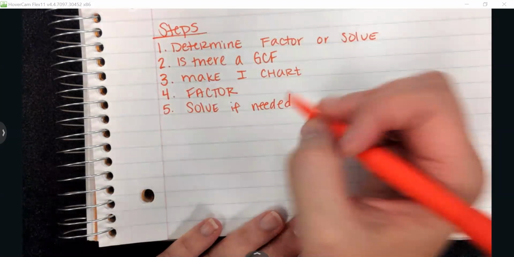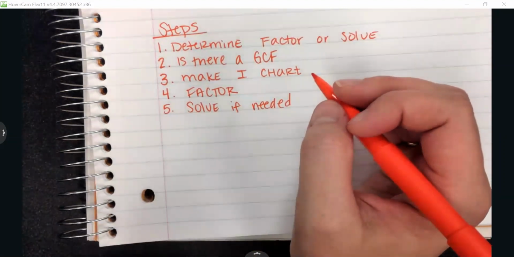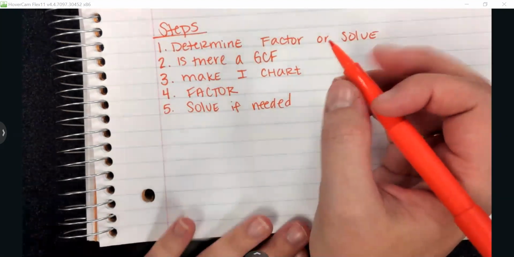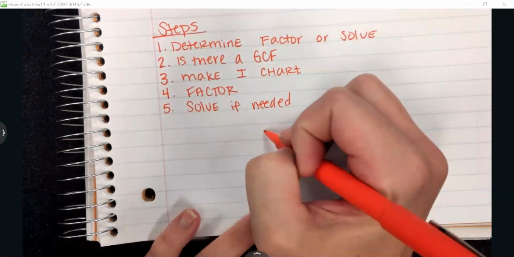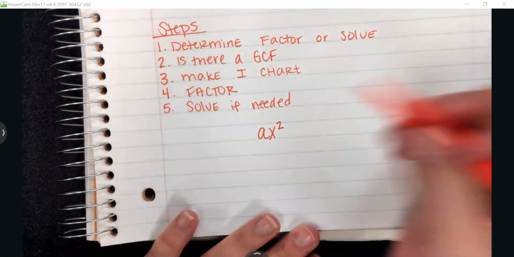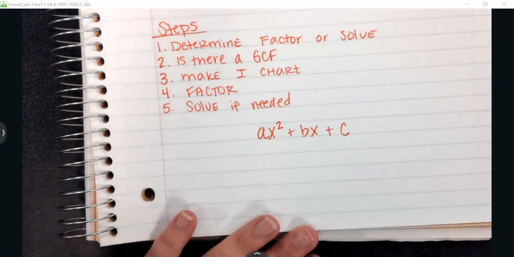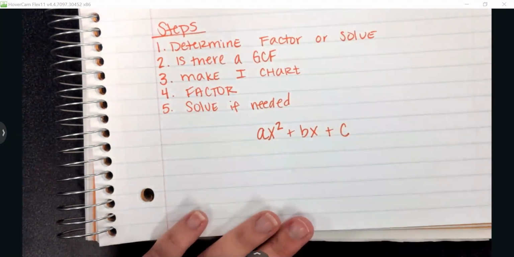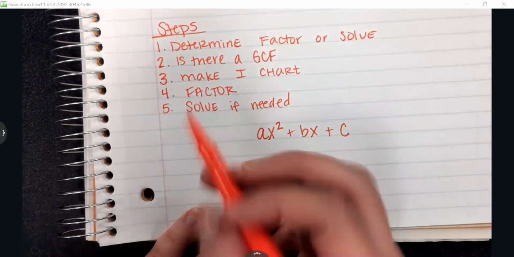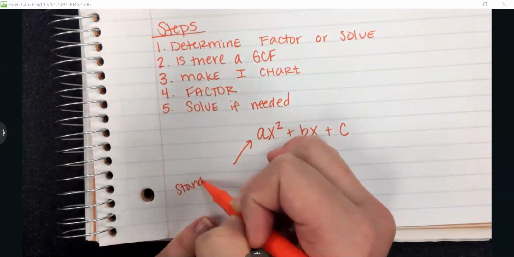Yikes. You're close. It does have to do with A, B, and C, so it has to be in order. AX squared plus BX plus C. Your problems need to be in standard form. If you need to write that, then write that this is standard form.